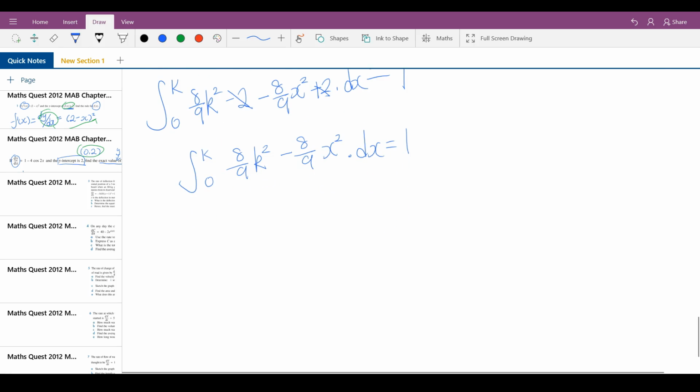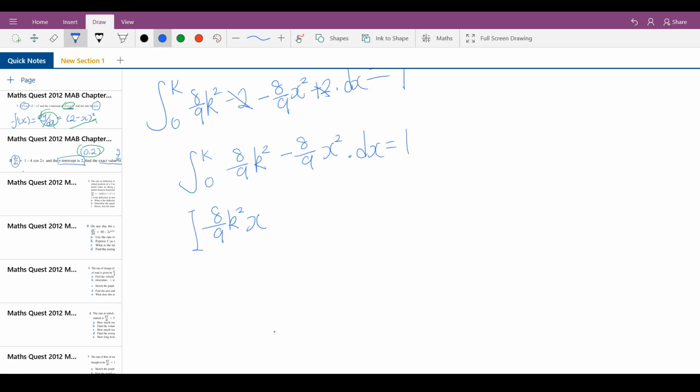Okay, and then let's just integrate. Now, remember, when you integrate the first bit, none of them is x. So this itself is just a constant, just a number. When you integrate a constant with respect to a variable, you just get the constant multiplied by the variable. Remember, k is not x. We are integrating with respect to x.